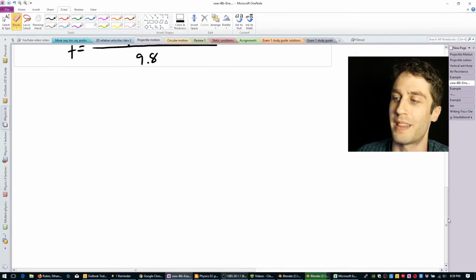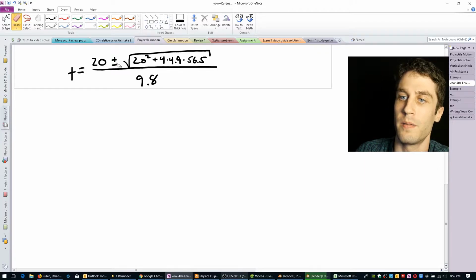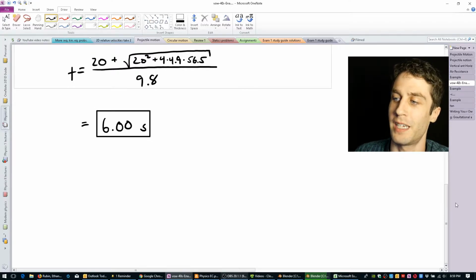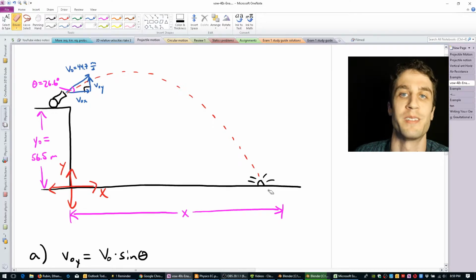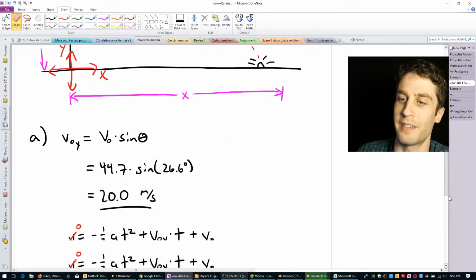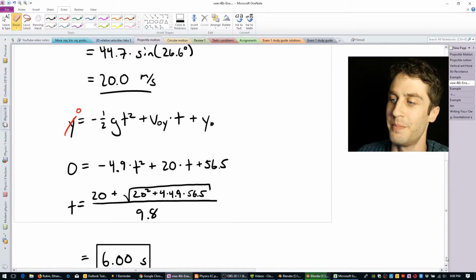We want to omit that, and so we'll keep the positive value and omit the negative value, and we get 6.00 seconds. This is a result. This is the special time at which the cannon hits the ground at y equals 0, because it satisfies this kinematic equation for the values that we plugged in. So there we go, there's part A.